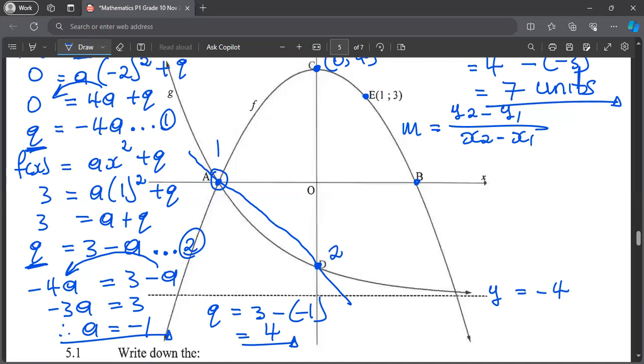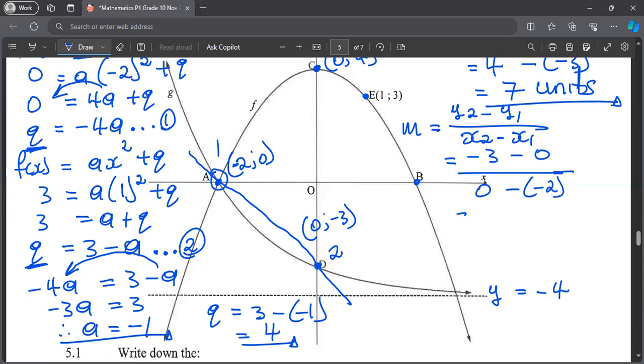So we said the coordinates of A are negative 2 and 0, and the coordinates at point D are 0 and negative 3, right? So y2 is negative 3 minus y1, which is 0, and x2 is 0 minus x1, negative 2. So the gradient will just be negative 3/2.